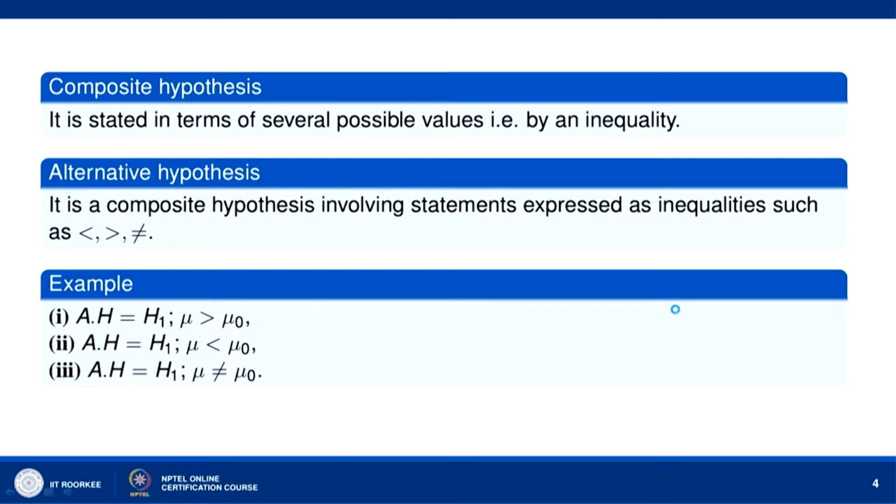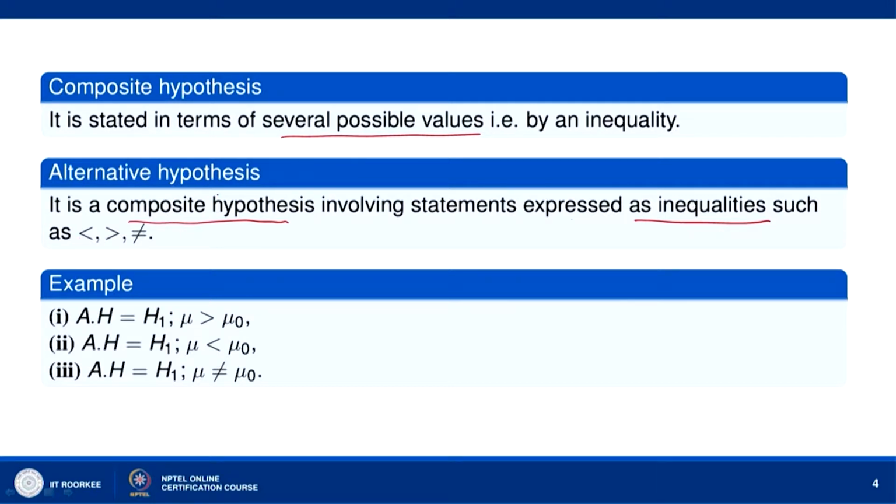Now, let us discuss composite hypothesis. Composite hypothesis is stated in terms of several possible values, that is, by an inequality. Alternative hypothesis is a composite hypothesis involving statements expressed as inequalities such as less than, greater than, not equal to, because less than, greater than, not equal to will involve several values.